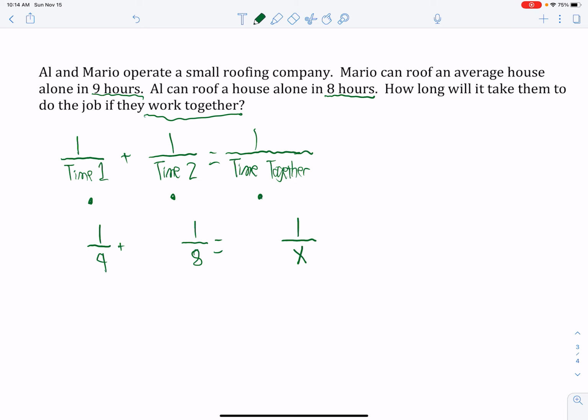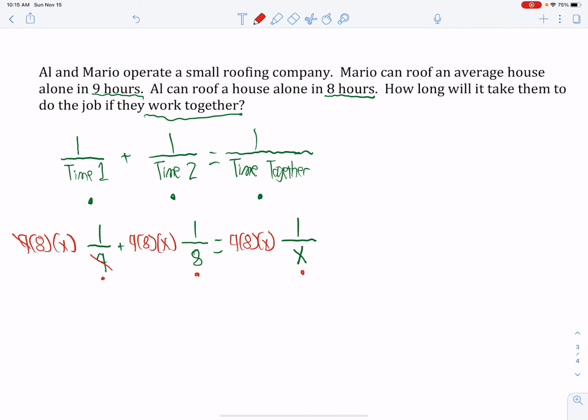So we're going to go back to our other method of getting rid of the denominators by multiplying everything by a common denominator. Now here, our common denominator is going to be 9 times 8 times x. So we have 9 times 8 times x times the first fraction plus 9 times 8 times x for the next fraction equals 9 times 8 times x for the last fraction.